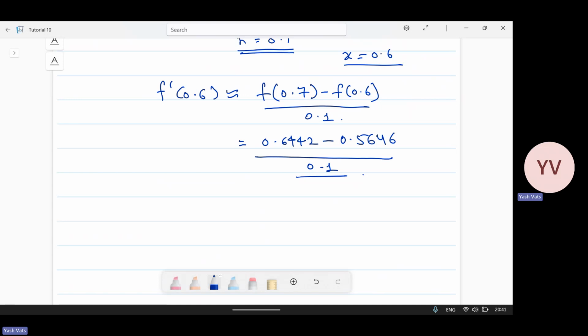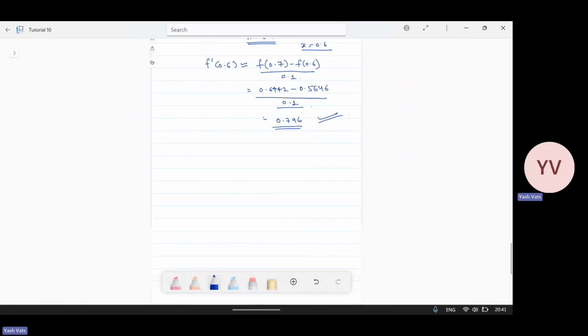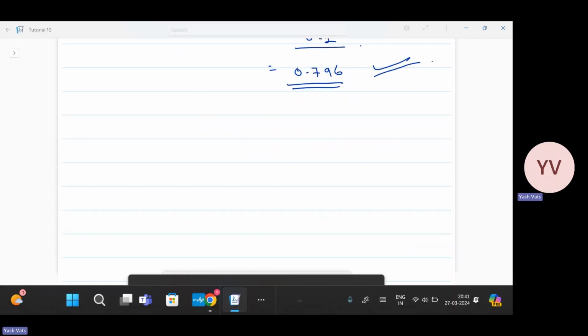Then what you will get here? 0.796 will be the right answer. Anyway, this is easy stuff. Now the next question.